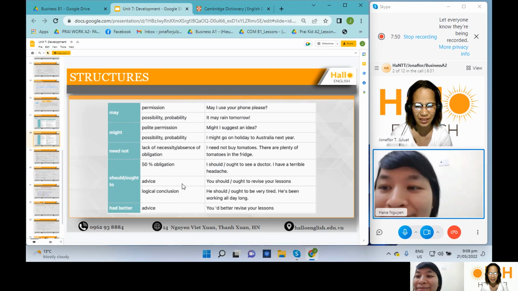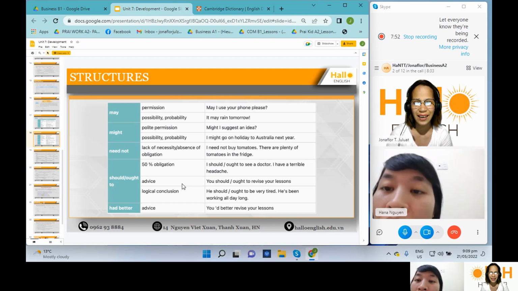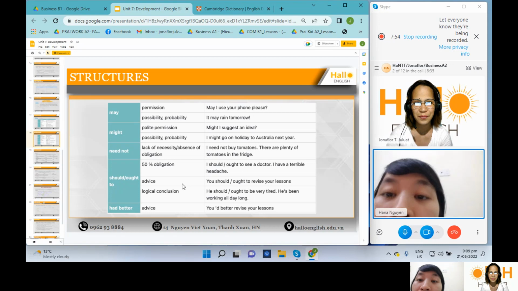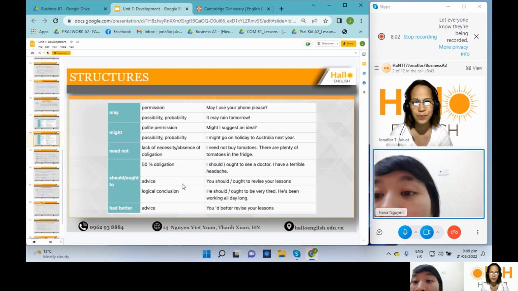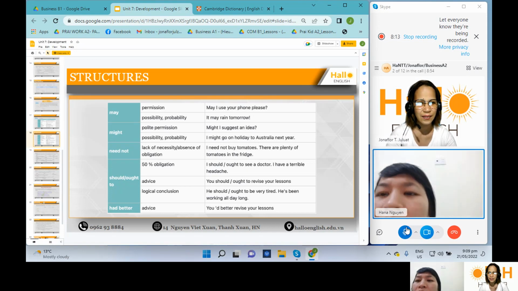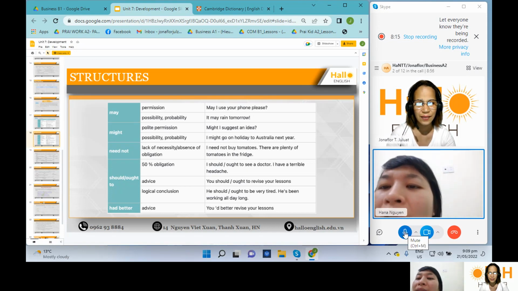For example, for 50% obligation: I should see a doctor. I have a terrible headache. Or I ought to see a doctor. I have a terrible headache.